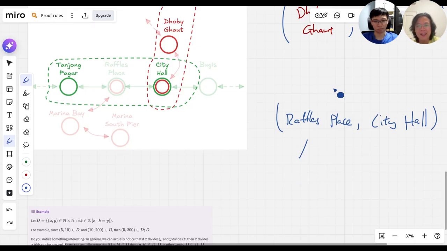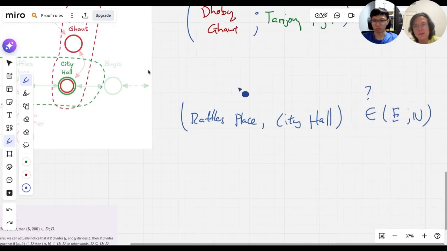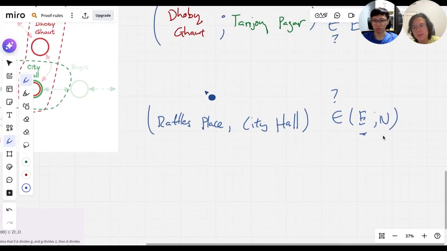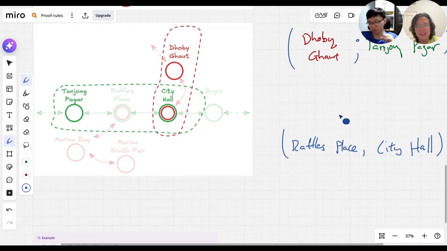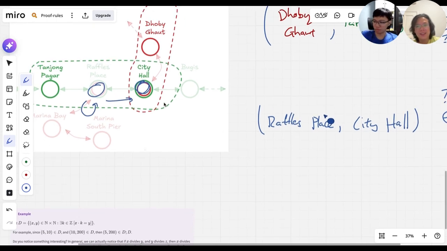Because the first relation is green, but the second relation has to be red. The middleman has to be in both. So we can do Raffles Place to Raffles Place, and then from Raffles Place to City Hall. That's the middleman, right?